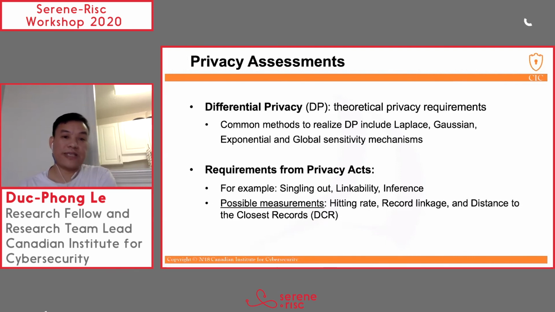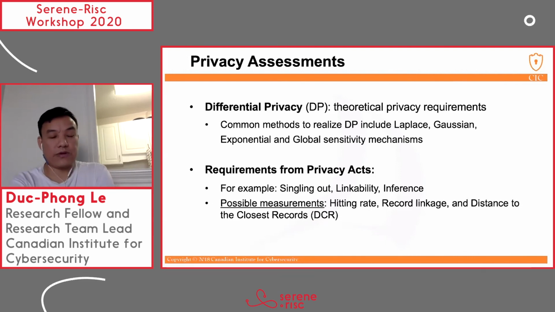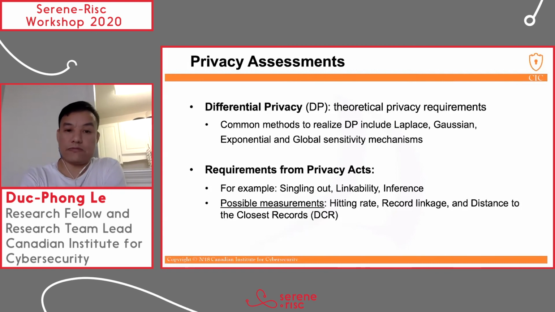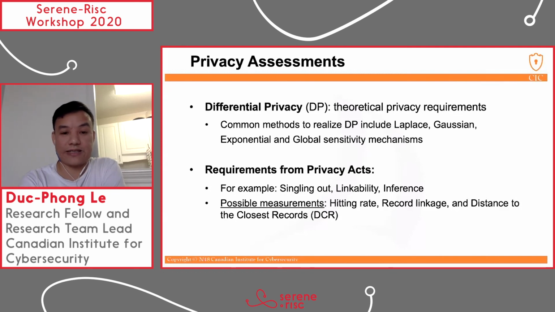For privacy, we have to assess two things. Differential privacy is a theoretical privacy requirement, and then there are the requirements from practical privacy acts, for example, the requirements from the GDPR.